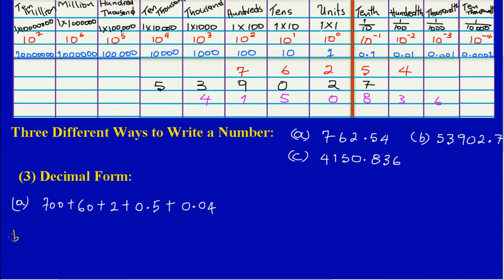Alright, so part B here we would have a 5 in the 10,000 column, so I would take the face value of my digit here, and the face value of 5 is 5. So I'm saying 5 times the column that I'm in, and I'm in the 10,000 column, so 5 times 10,000 would give me 50,000.